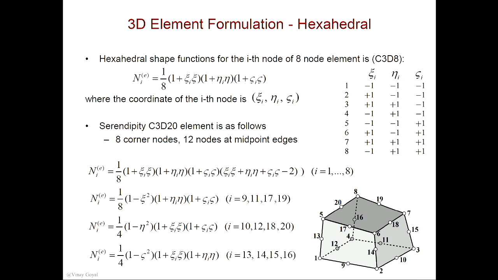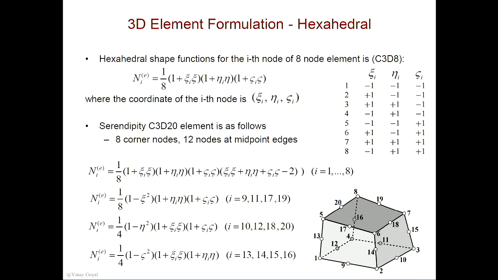Then you have something called the serendipity element, C3D20 element. Abaqus also gives you that in the theory manual. Perhaps if we have more time, I'll pull it up so you can see. I wrote it in compact form. And the shape functions for the 8 corner nodes are given here. So 1, 2, 3, 4, 5, 6, 7, 8. Those are given by these shape functions.